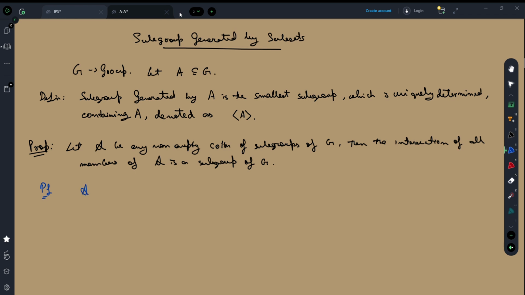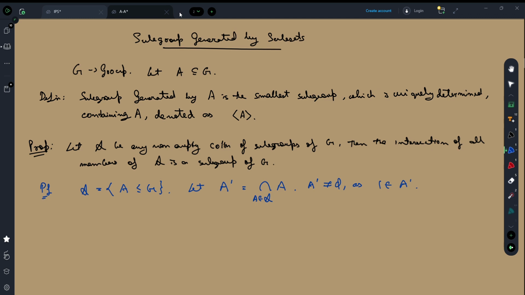Obviously, this is a non-empty collection of subgroups, and let A prime be the intersection of all the A's where A belongs to this collection. Now clearly A prime is non-empty, as every subgroup will contain the identity element, right? So one surely is in A prime.